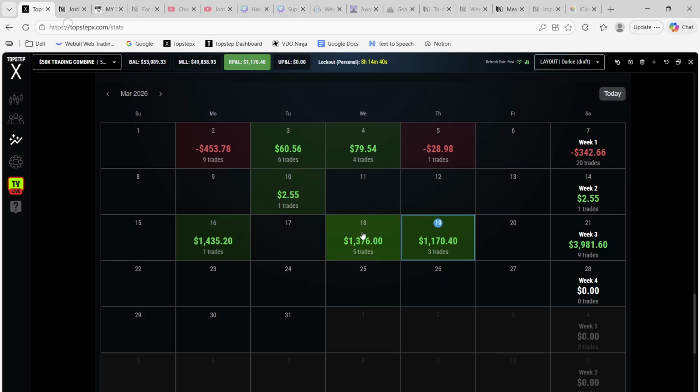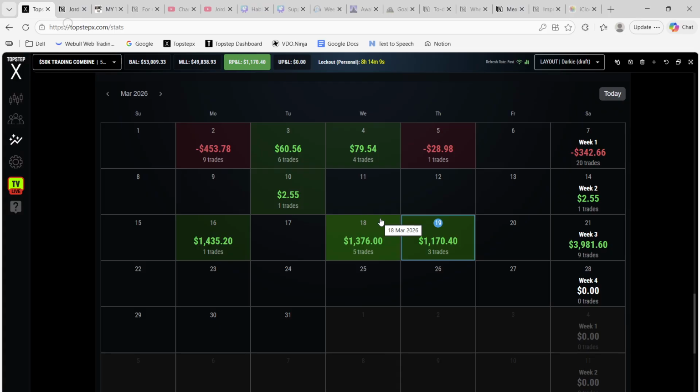And then yesterday, I'm not gonna lie, I was kind of cooked. I took a short overnight and I won. It was a base hit and I made 550. Then I woke up and I traded against the objective and I lost, I think, 200. And then I traded something that wasn't in my strategy again, but it was an honest mistake, and I lost another 400.